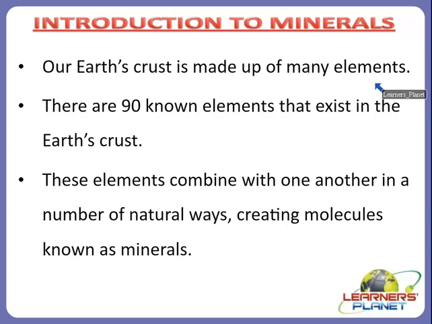They are called elements, and that is why we say that our earth's crust is made up of many elements. There are 90 known elements that exist in the earth's crust, and these elements combine with one another in a number of natural ways, creating molecules known as minerals.